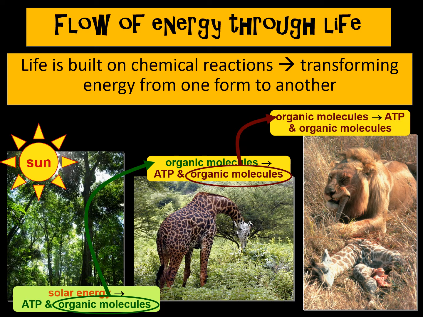And so all of these chemical reactions are linked together in the flow of energy through life. And really, it's all about just taking sunlight, converting it into chemicals, converting it into different chemicals in a way to harness the energy of that chemical.